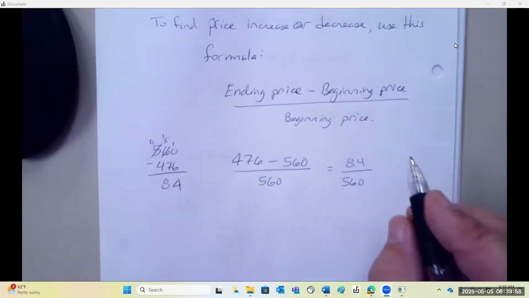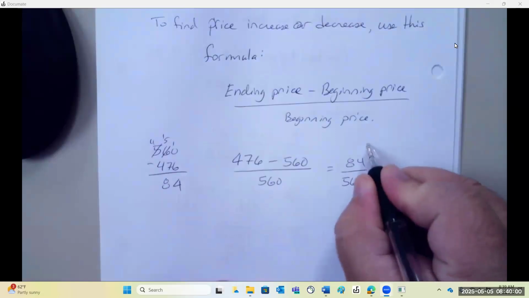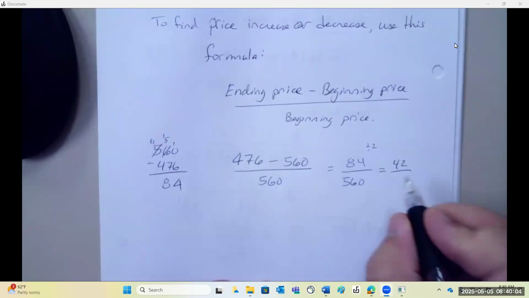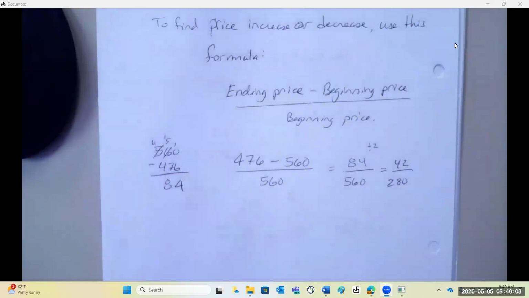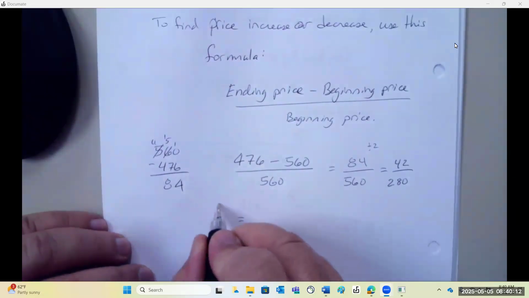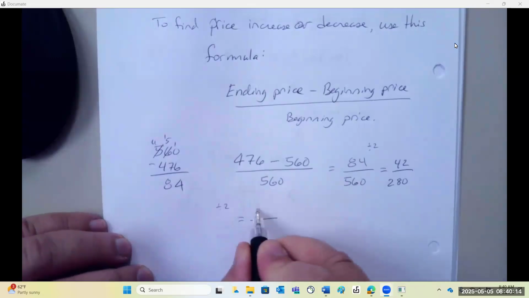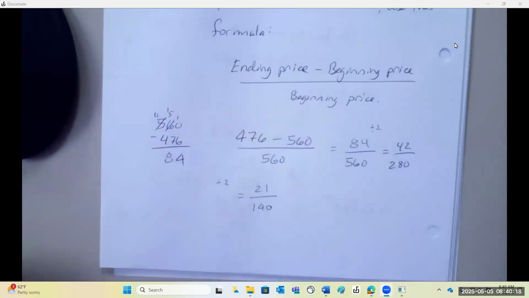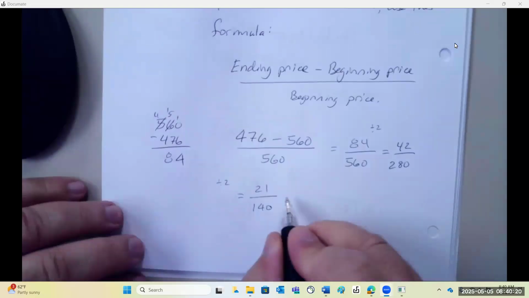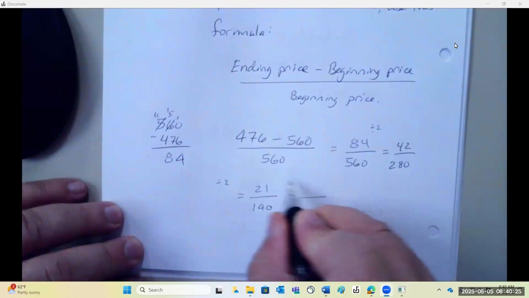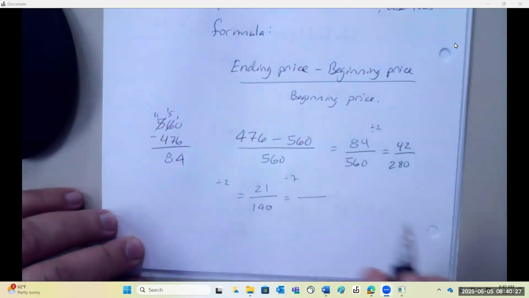Simplify your numbers. They're divisible by 2. So it's 42 over 280. Divided by 2 again, so we got 21 over 140. Divide by 7.